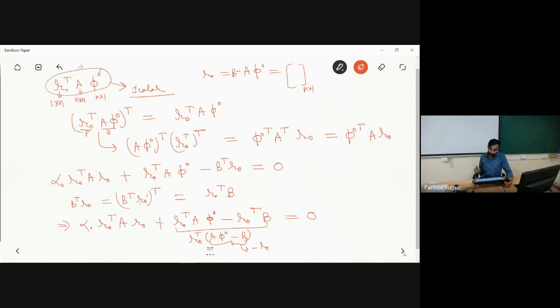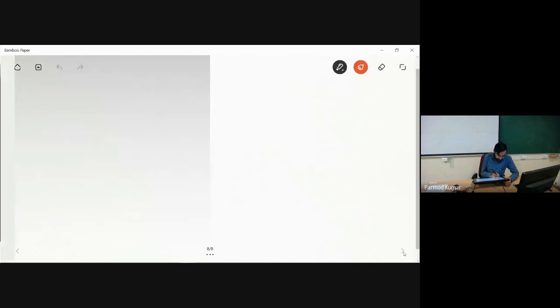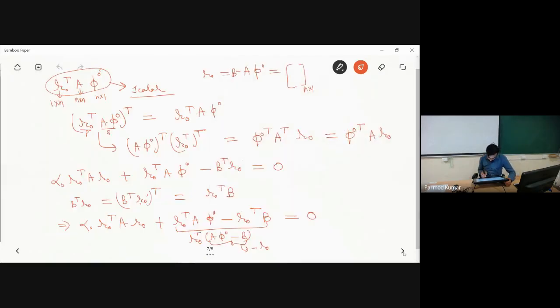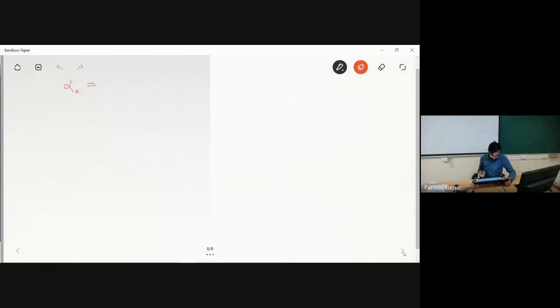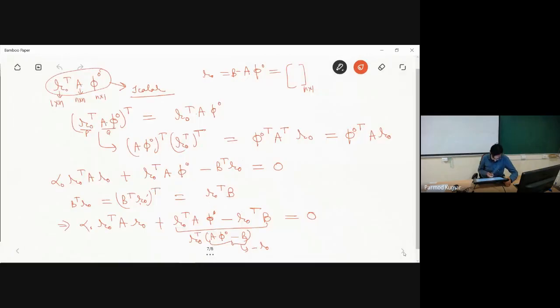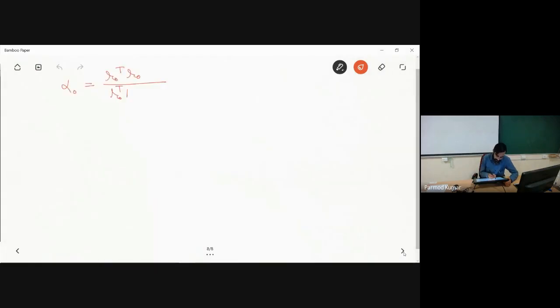Okay, so from here I will be finally getting alpha naught equal to, what will be the value for alpha naught? R naught T into R naught divided by transpose of R naught into A R naught. Okay, so this is the value of alpha naught I have got.